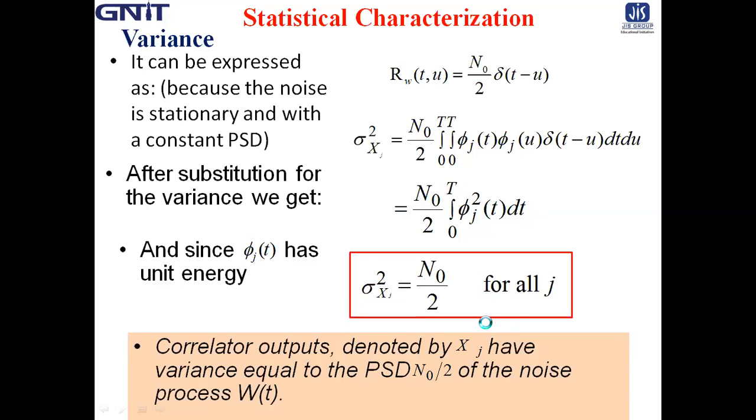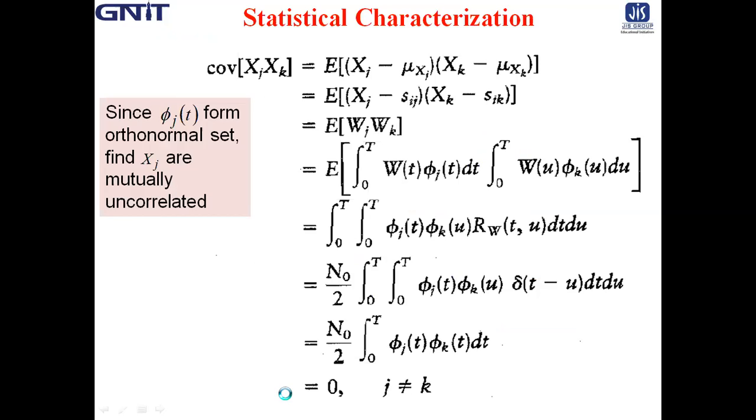The important result shows that all the correlator outputs denoted by xj, with j equal to 1 to n, have a variance equal to the power spectral density N0 by 2 of the noise process W(t). Moreover, since the phi j form an orthogonal set, we find that the xj are mutually uncorrelated.